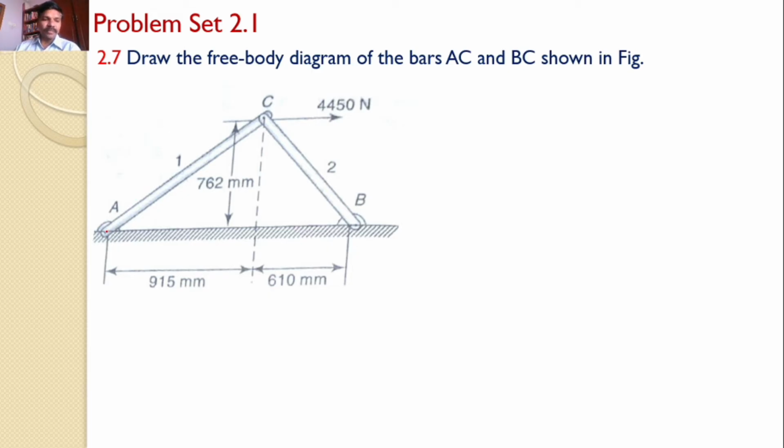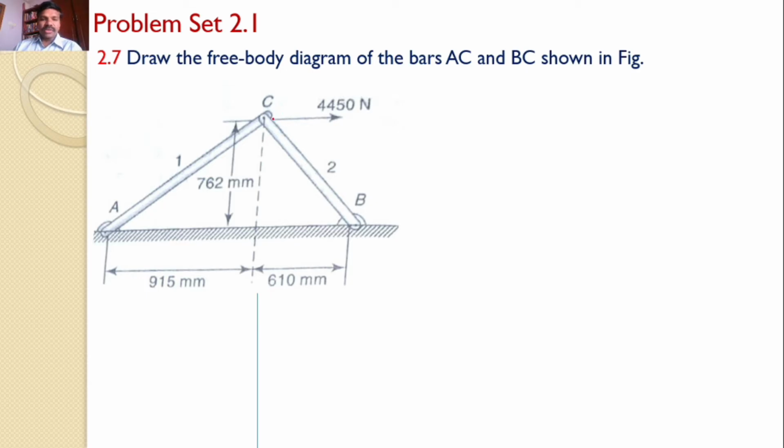Now, in this problem, AC and BC are connected at C, and a horizontal force of 4450 newtons is acting at C. It is fixed at A, and at B also it is fixed. Some various dimensions are given.